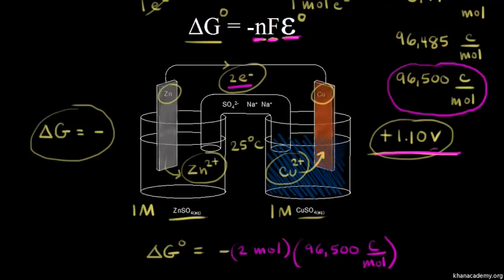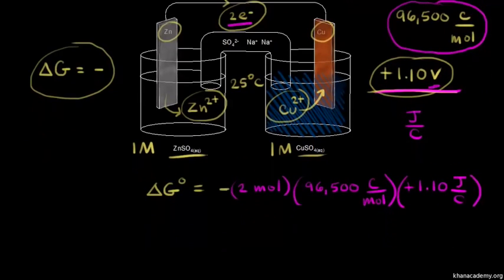And when you're thinking about units, a volt is how many joules per coulomb. So instead of plugging in volts here, we're going to plug in joules over coulombs, so our units will work out properly. So this is positive 1.10 joules per coulomb.